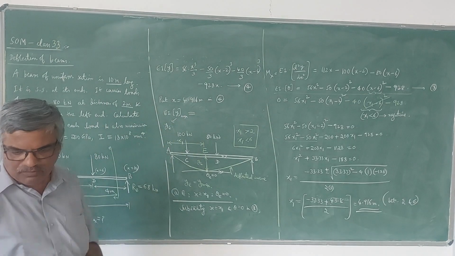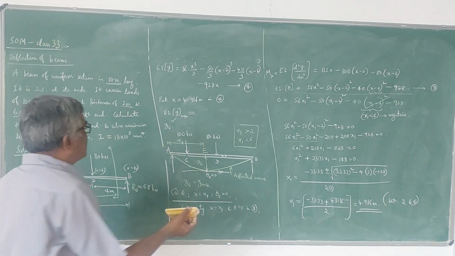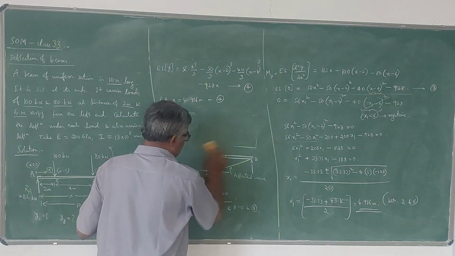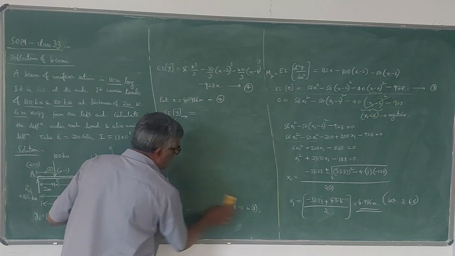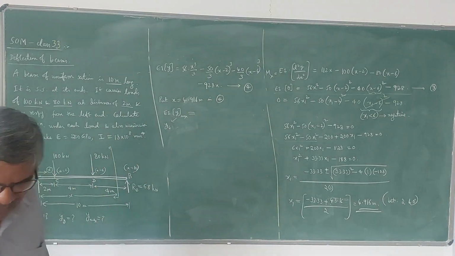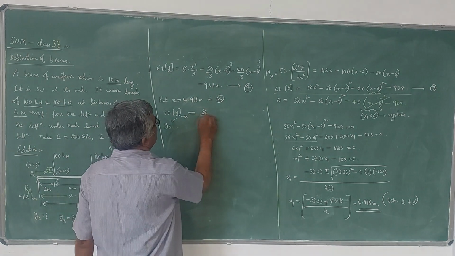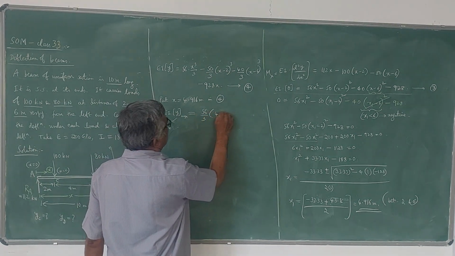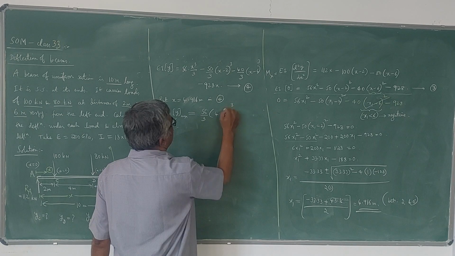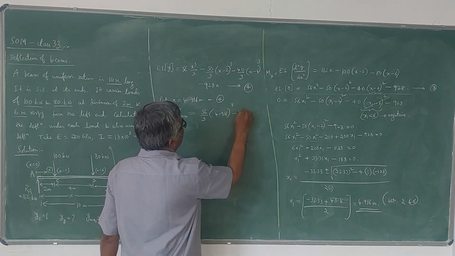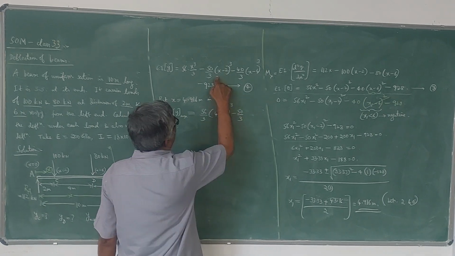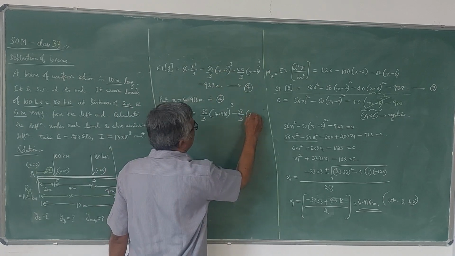put the value of x as 4.916 in that and simplify. The negative term we have to neglect once again here. So this is equal to 56 by 3 into 4.916 cube, minus 50 by 3 into 4.916 minus 2, which is 2.916.